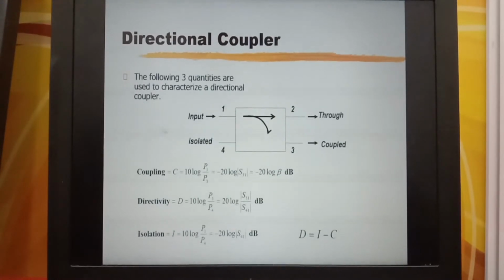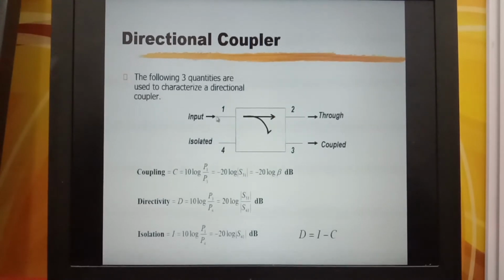The important parameters of directional coupler include coupling, directivity, and isolation. The directional coupler is generally a 4-port network. If we input the signal to port 1, most of the signal will be transmitted to port 2. So port 2 is called the through port.